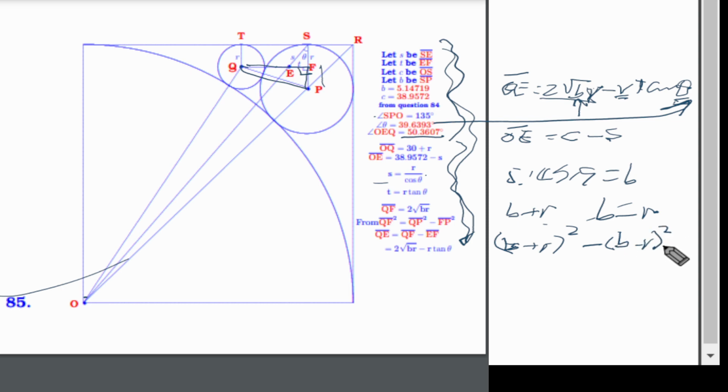You simplify, then you will get that. And from that value, you take out EF, which is T. T was our tangent theta.